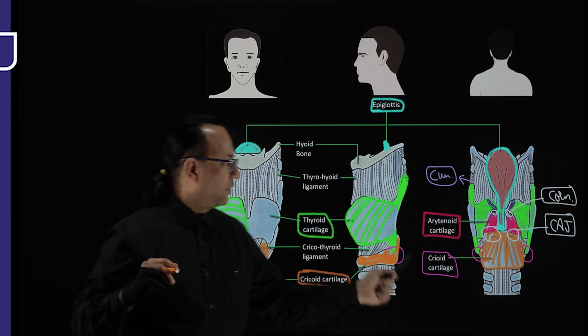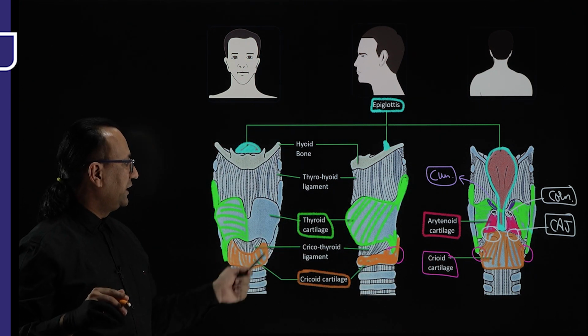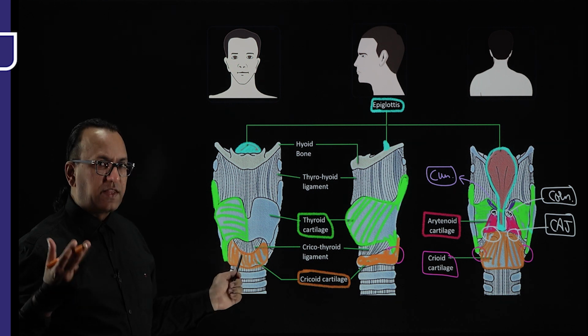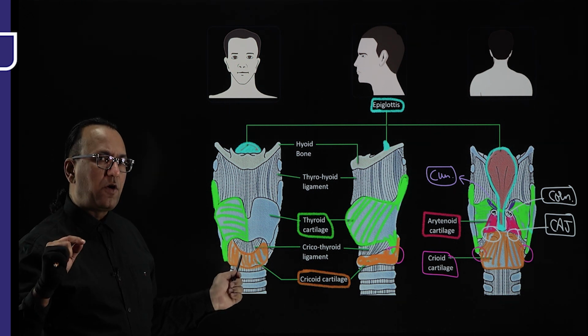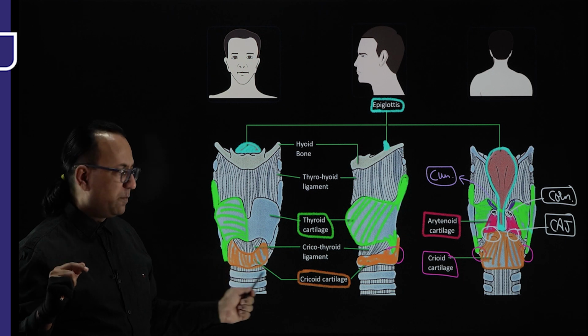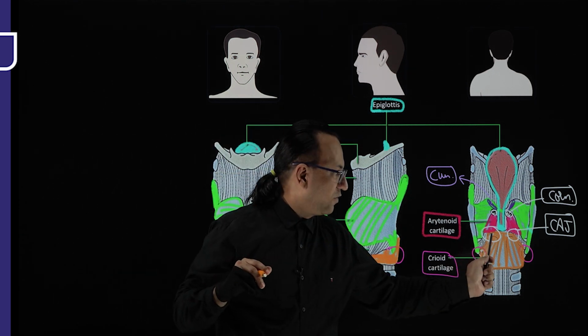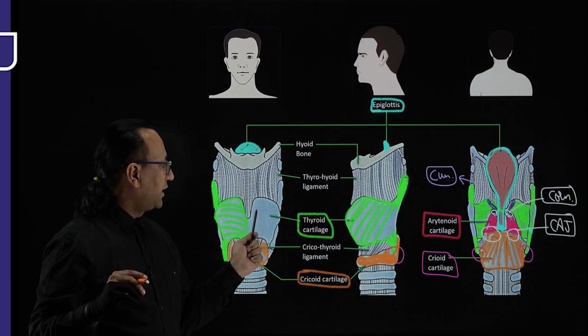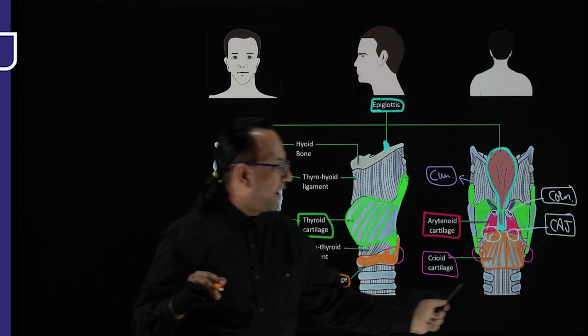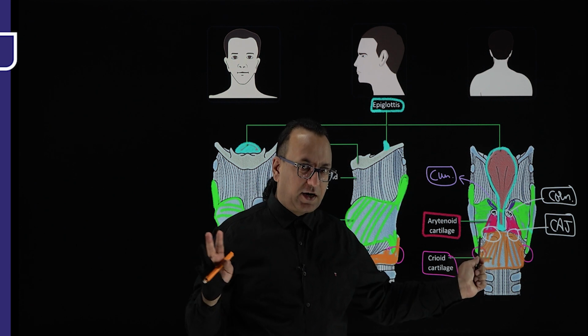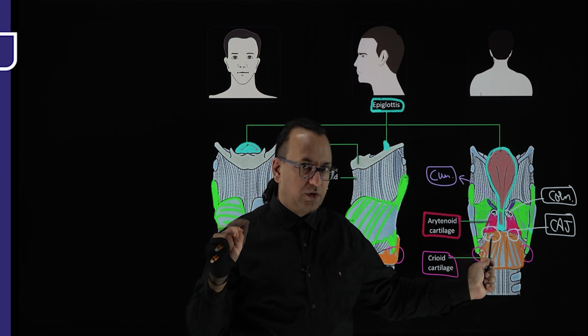Normally when we talk about the larynx, we say larynx cartilage is made up of hyaline cartilage, but there are some exceptions. If you are talking about the hyaline cartilage of the larynx, it will be the thyroid cartilage, the cricoid cartilage and most of the arytenoid cartilage. But not the tip of the arytenoid.